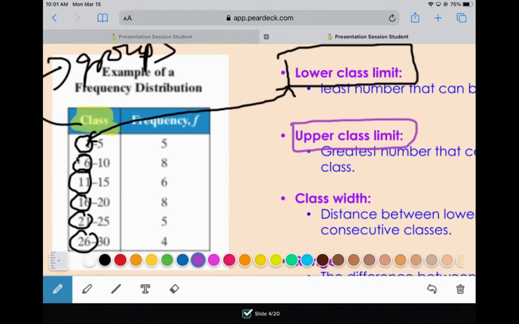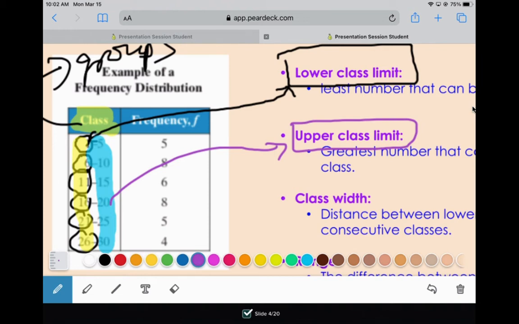No. So all of these, I'm going to highlight this. All of these values are my lower class limit, the first number for each class. So the upper class limit will be the one on the right side. So I'm going to highlight those. So these values should be my upper class limit.